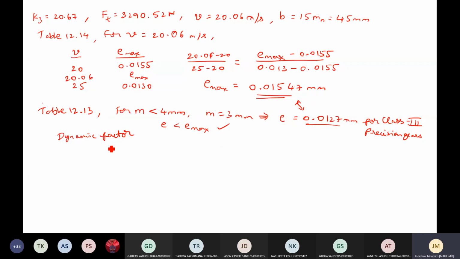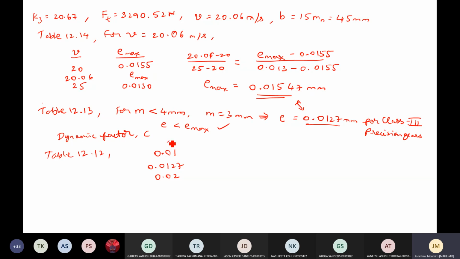So dynamic factor C to be calculated, you can go to table 12.12. In table 12.12, the dynamic factor C comes out to be, now which one you have to use? 0.01, 0.02, in between is 0.0127.